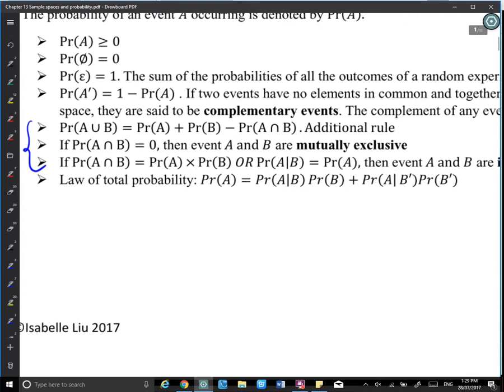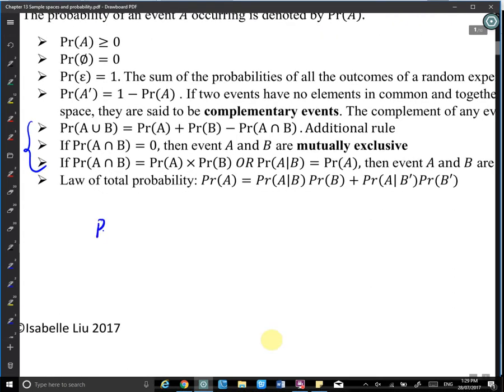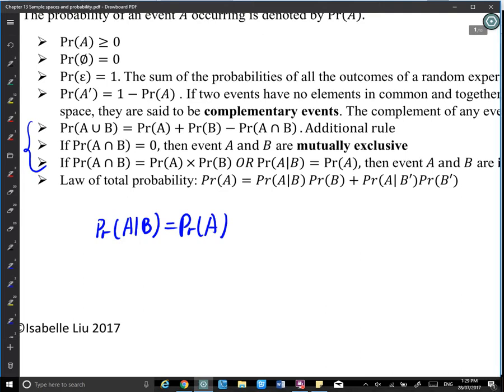Okay, so the original formula, with the reasoning, is this one: the probability of A given B equals the probability of A. This formula means, I want to find the probability A happens, given that B already happened. That probability is still equal to the probability of A occurring, which means B doesn't really influence A. So this is the original equation for an independent event.